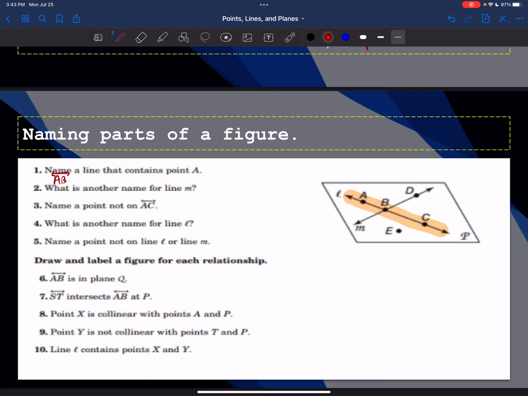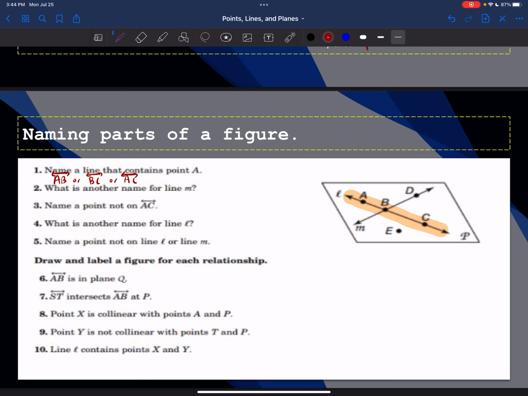And you draw the arrows on top of it, or you can call this BC and put the line above it, or you can call this AC and you put the line above it. Now remember, I said you need to pick 2 points.